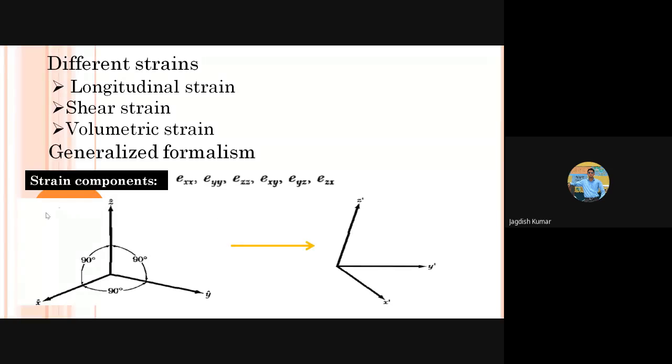If the crystal is unstrained, let us draw 3 mutually perpendicular axes within the crystal, and their lengths are 1 unit. Then we say the crystal is unstrained.